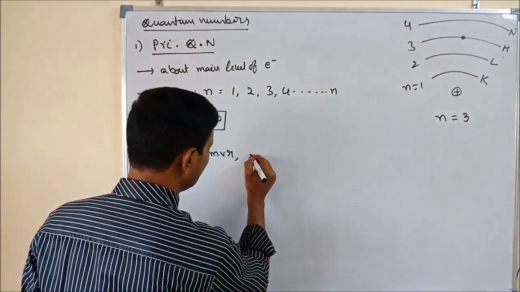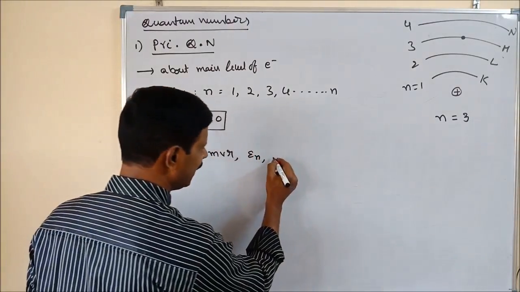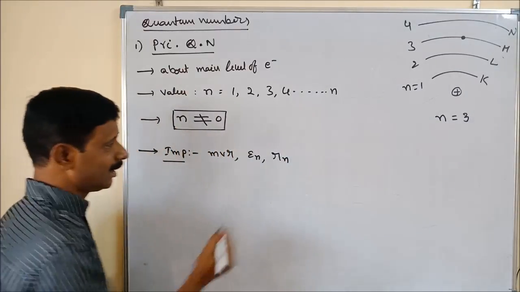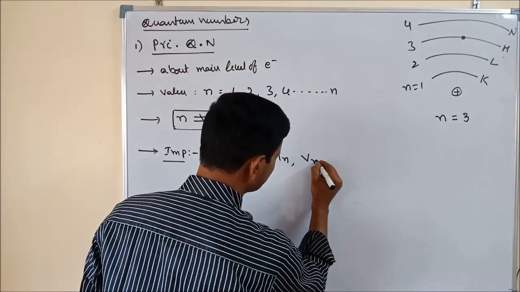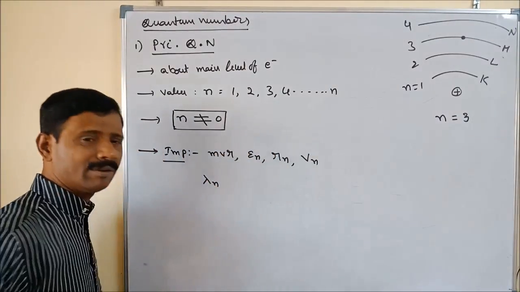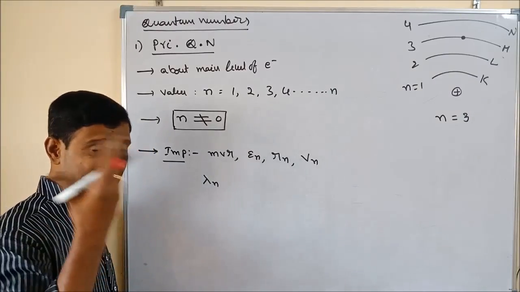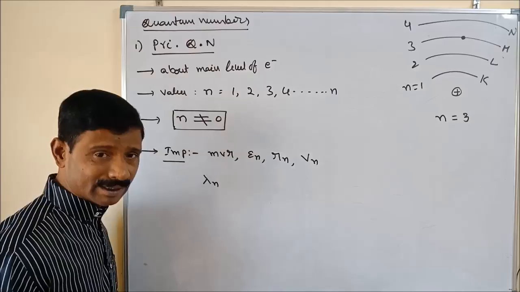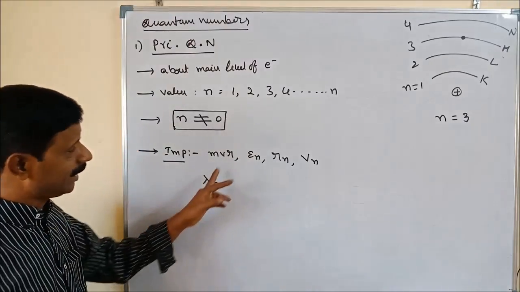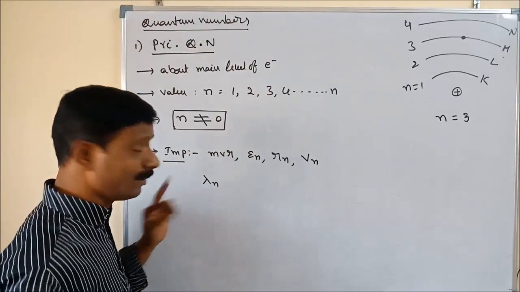Similarly, the energy of the electron in the nth orbit, the radius of the orbit, the velocity of the electron, and the wavelength of the electron in the given orbit. Already we observed different relations to find the number of rotations or time period; there also we use the n value. But mainly angular momentum, energy, radius, velocity, wavelength.